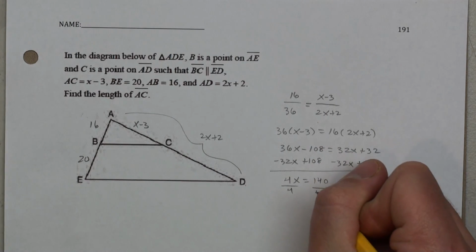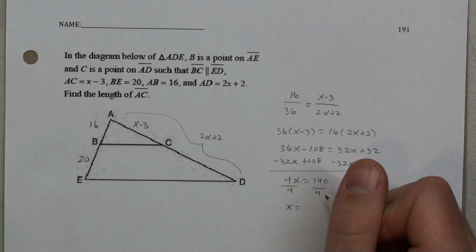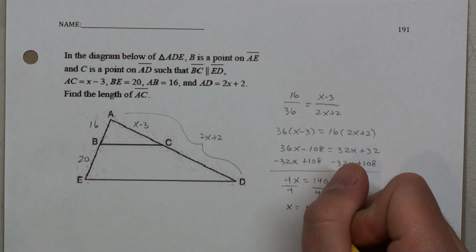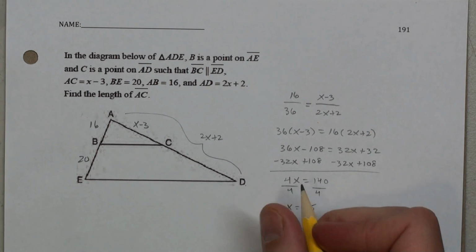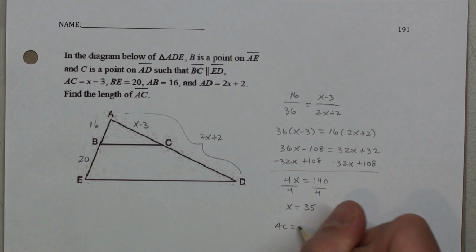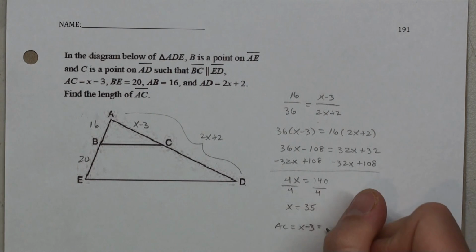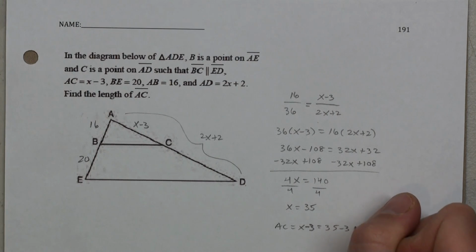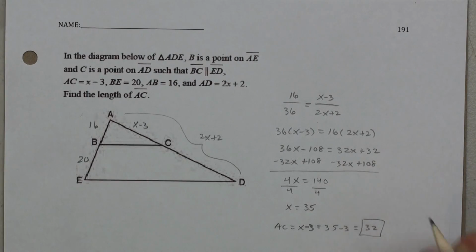Divide by 4. X equals 35. But we want AC, which is x minus 3, which is 35 minus 3, which is 32. Okay?